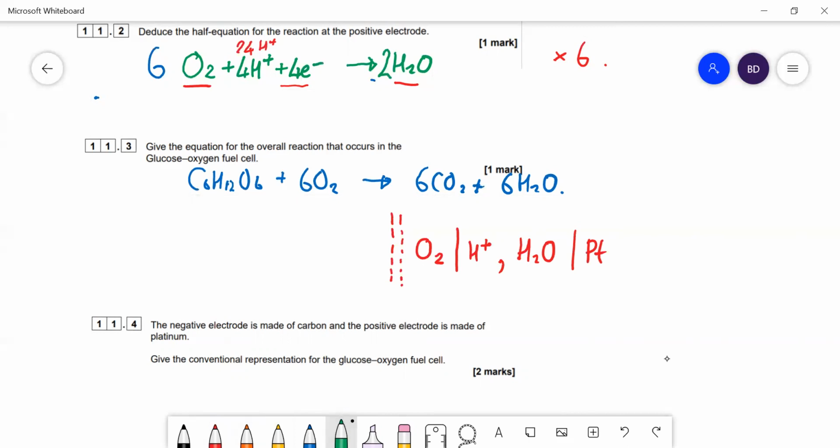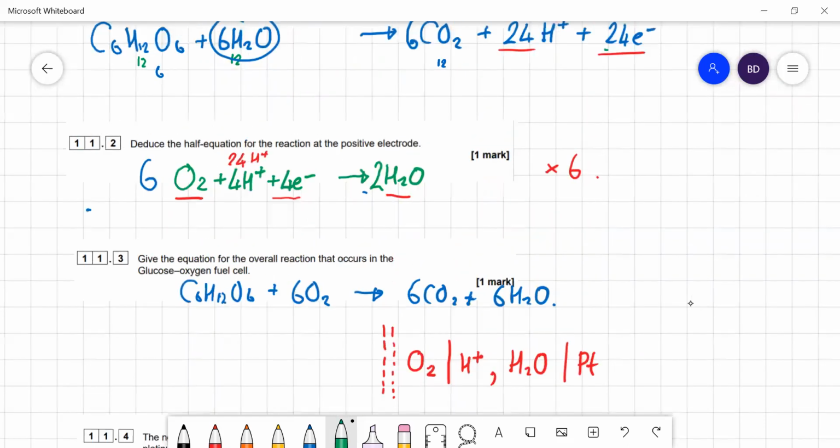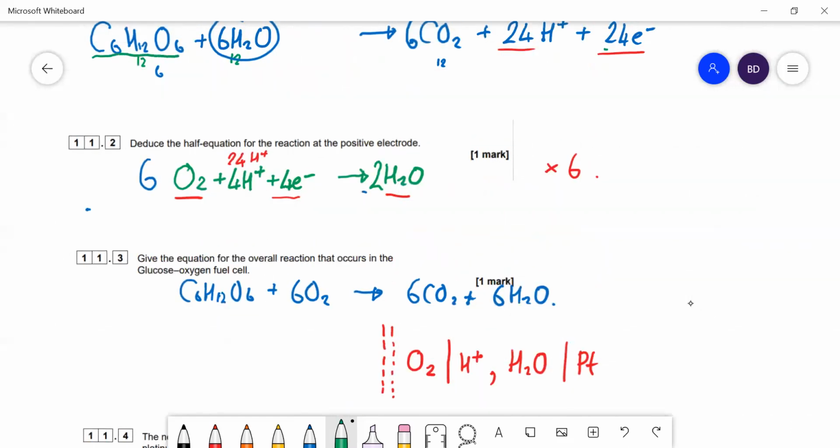Let's do it for the other one then. For the negative electrode, which should go on the left, we've got glucose. We've got carbon dioxide and H plus as the oxidized form. The oxidized form goes next to the salt bridge, so I need to have CO2 here.